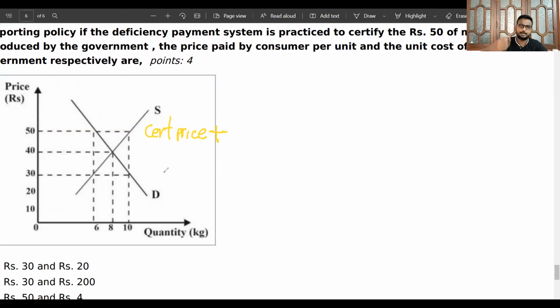Because 50 now is guaranteed for sure for the producer, right? In this question, that's what happened. Producer somehow got the whole 50 rupees, whether it's coming from consumer or the government, it doesn't matter for the producer. He's not bothered about that. So that's what deficiency payment system is.